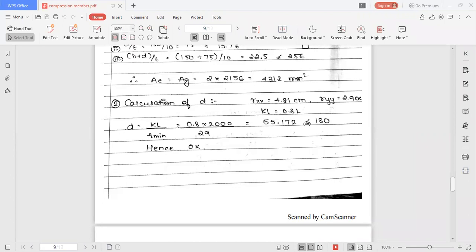So do up till here. This is the correct one. So do solve this. Don't refer to the previous one that we had solved. So this KL की जगह पे आपको 0.8L लेना है.